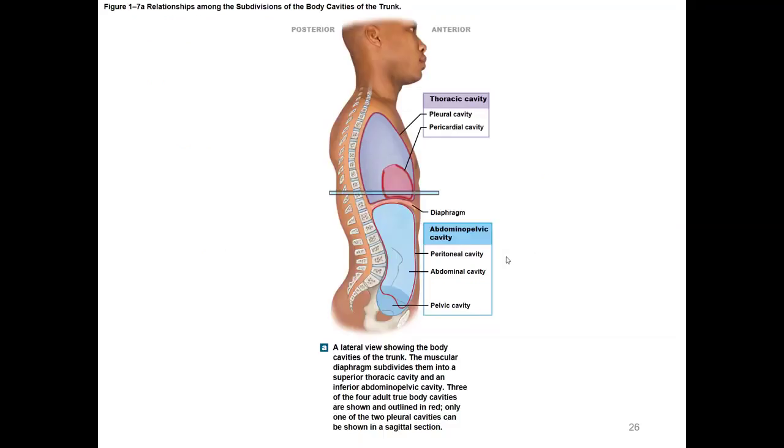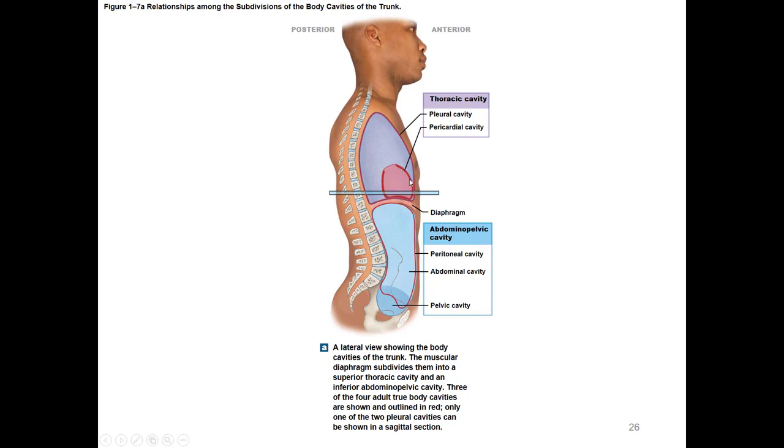So let's go ahead to this picture and take a look at the thoracic cavity. The thoracic cavity, chest cavity, is going to include the pleural cavity and the pericardial cavity. So the pleural cavity is this one. This is the cavity that's going to contain the lungs.